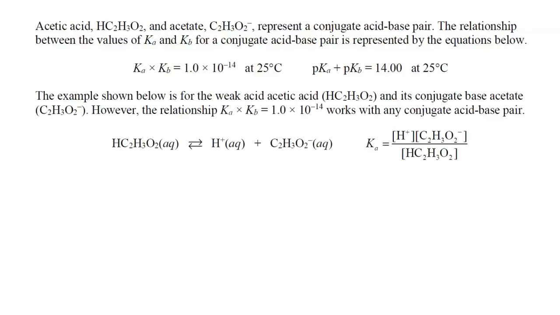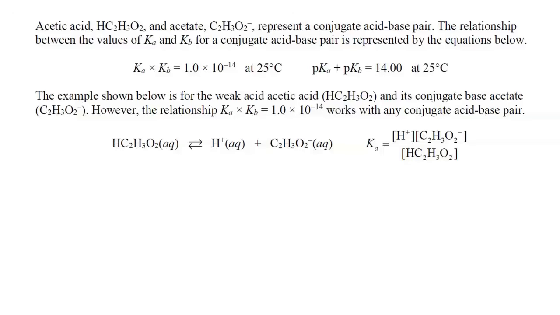The example on this slide is for the weak acid, acetic acid, and its conjugate base, acetate. However, you should know that this relationship of Ka times Kb equals Kw, or 10 to the negative 14, works for any conjugate acid-base pair.